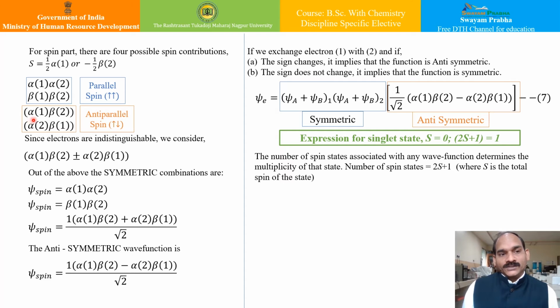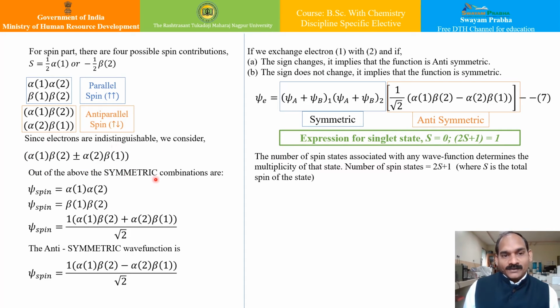However, if one electron has plus half spin and the other electron has minus half spin, this will be anti-parallel spin, either with the first one positive and the second one negative, or the first one negative and the second one positive. In all such cases, the spin will be anti-parallel. Now, since both electrons are indistinguishable, we can consider this as alpha 1 beta 2 plus or minus alpha 2 beta 1.